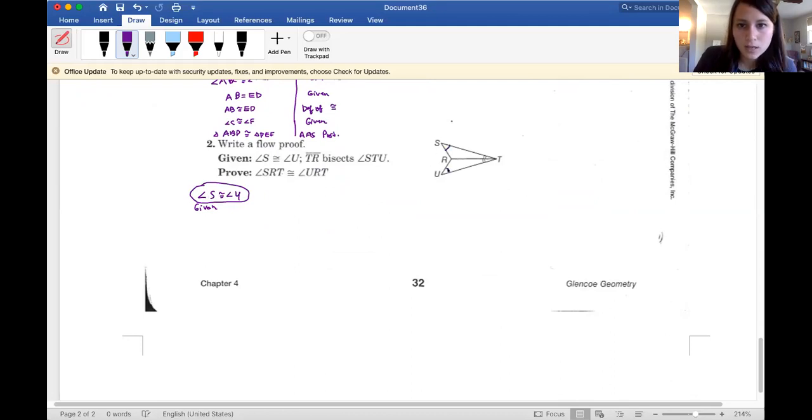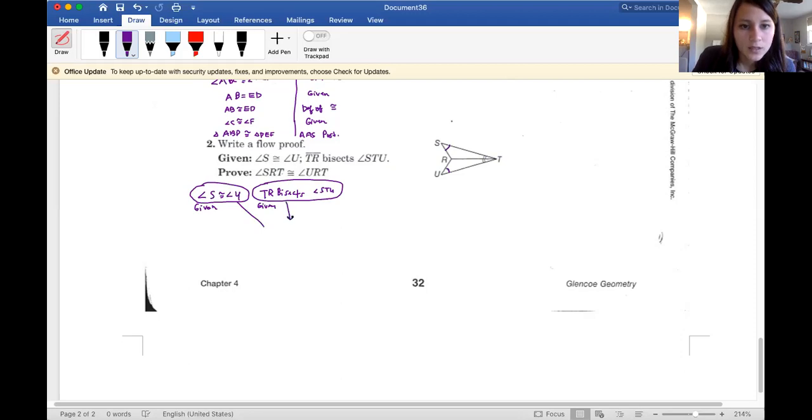So I'd say, okay, angle S is congruent to angle U, so that's given for me. And then I have TR bisects angle STU, and that is another piece of given. And so these are both given.